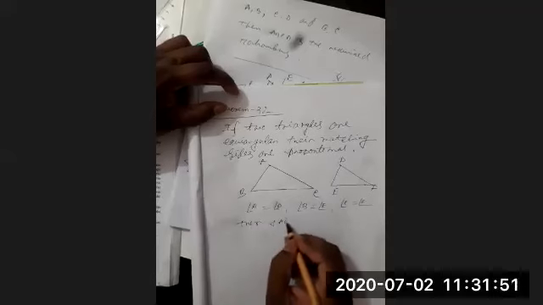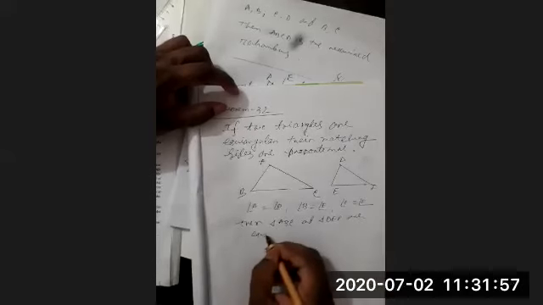Equiangular means if angle A equals angle D, angle B equals angle E, and angle C equals angle F, then triangle ABC and triangle DEF are equiangular.